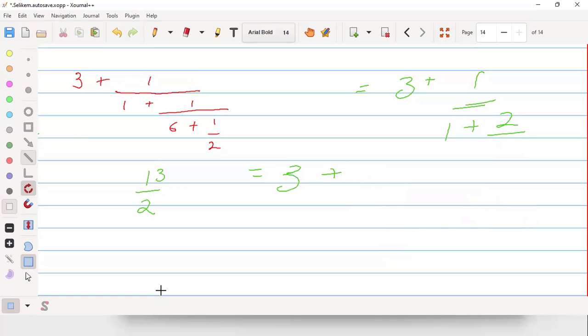What's it, 15 over 13, 15. And that would be 58.